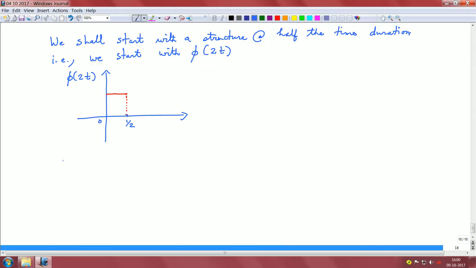Now, let us see this a little bit further. Now, consider phi of 2t minus k. Now, this can be written as phi of 2 times t minus k upon 2, right. So, what does this mean?